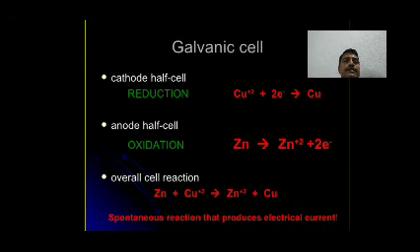This zinc plus Cu plus 2 gives Zn plus 2 plus Cu. A zinc plate is arranged in ZnSO4 solution.